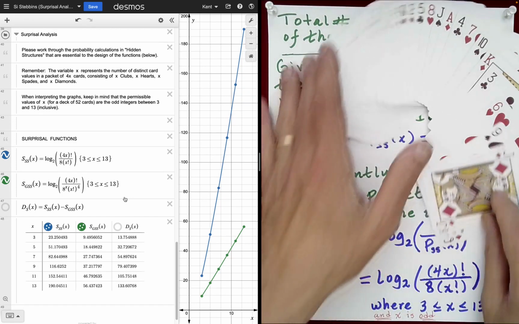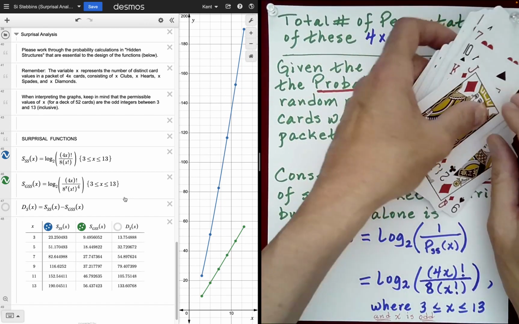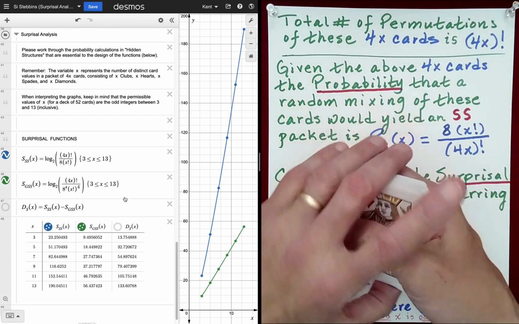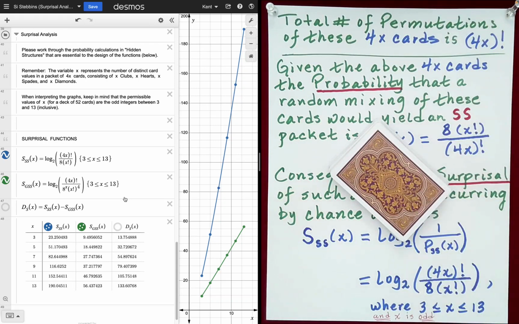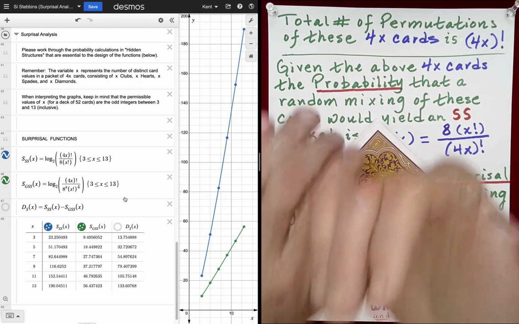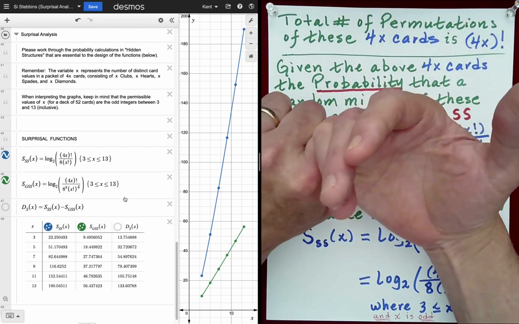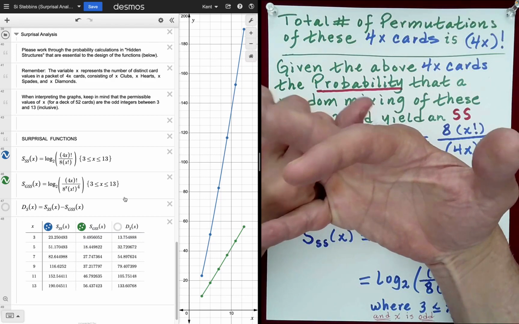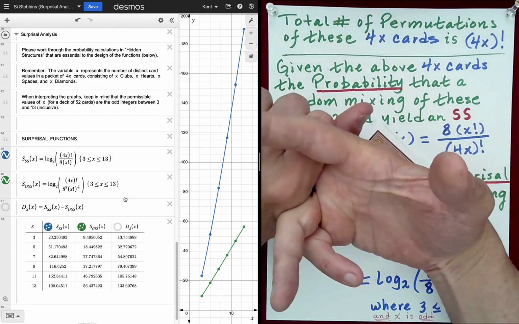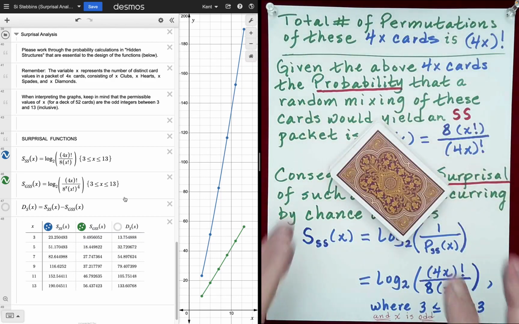Okay, so this essentially has that special property that we saw in the first 3 videos dedicated to the Gilbreath principle and Surprisal values, where we had packets with cycle length 2, and then packets with cycle length 4, and then packets with cycle length 13. Well, this deck structure has all 3 of those at once. That's the important thing.